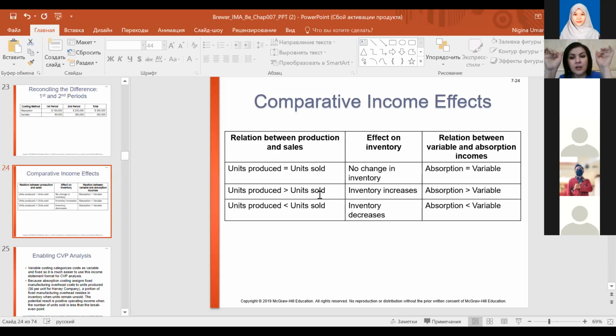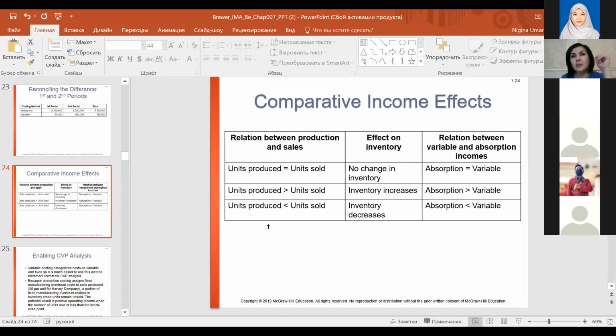The amount of ending inventory is 5,000. It means that inventory increases. Beginning 0, ending 5,000. What happens to inventory? Inventory increases, right? So there is an increase in inventory because ending is higher than beginning. If inventory increases, then absorption costing profit will be higher than variable costing profit.